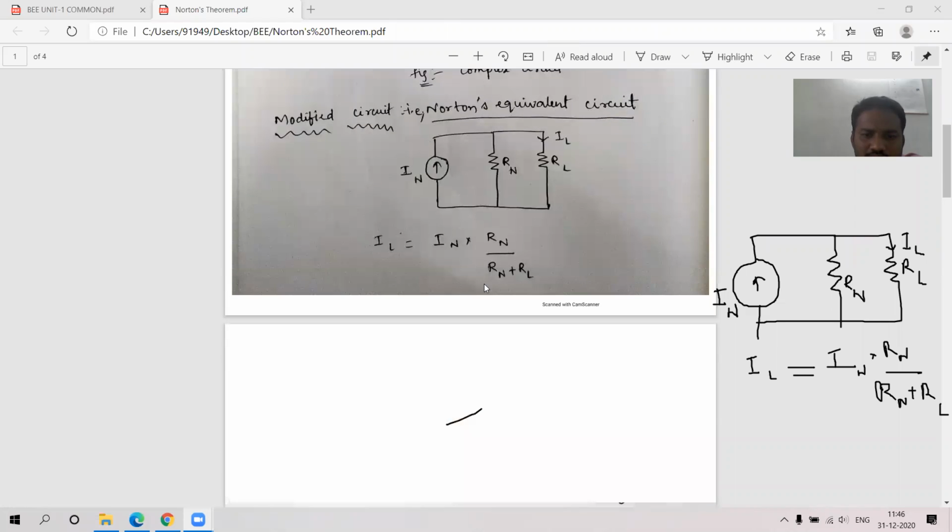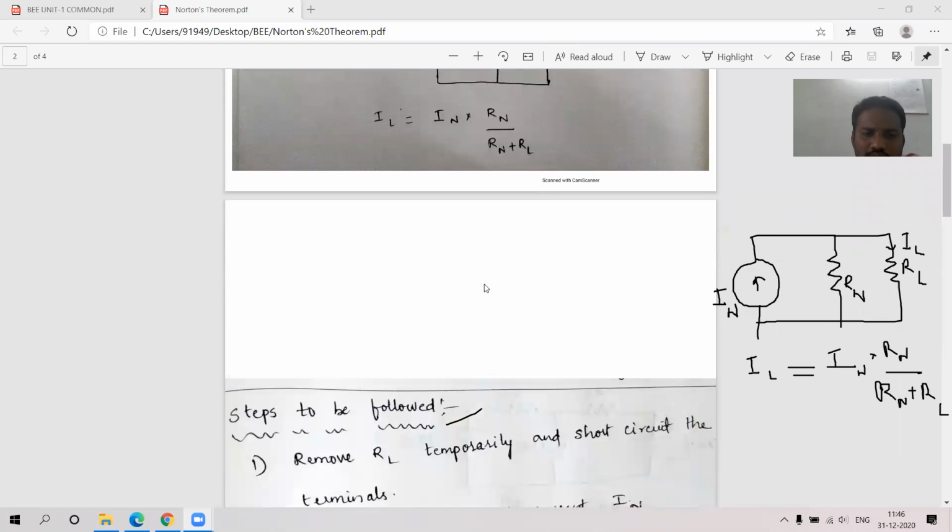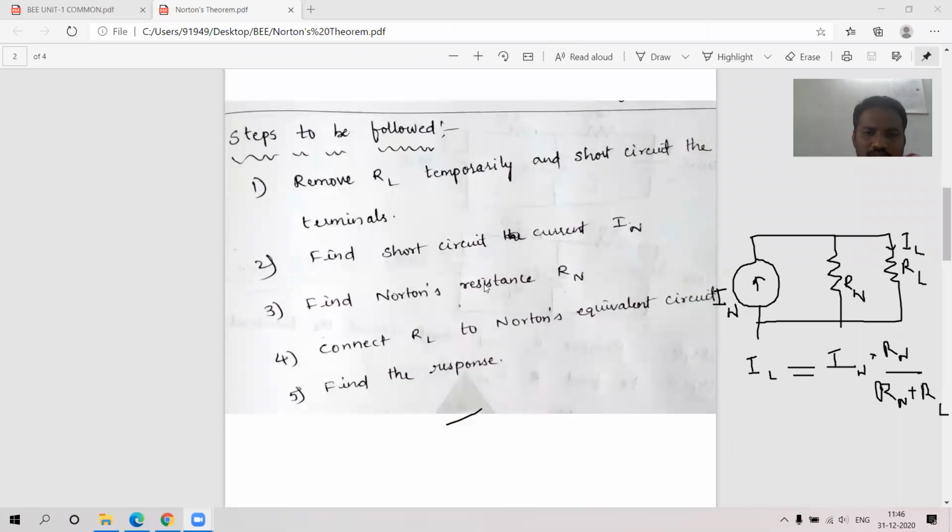These are the steps. Removing RL temporarily and short circuiting the terminals, so that we get the current IN. After that, we find Norton's equivalent resistance, same as Thevenin's resistance, and connect RL to the Norton's equivalent circuit. This RL is connected to this circuit, and we find the response, that is IL.